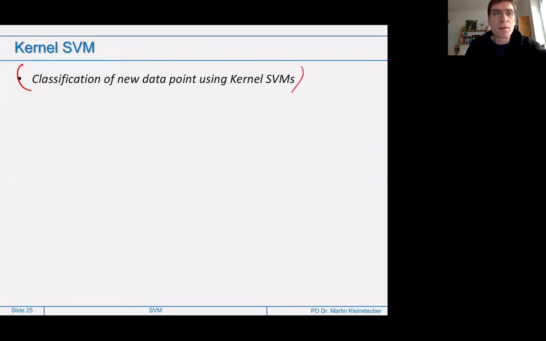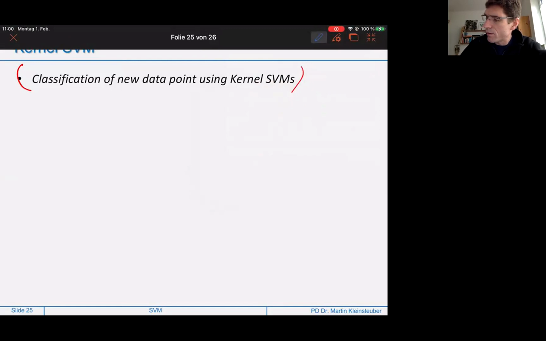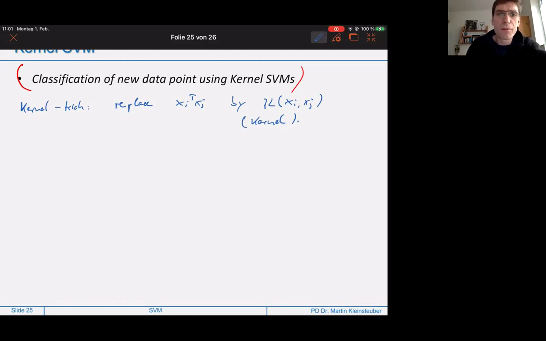With kernel support vector machines, we have this kernel trick, and the kernel trick tells us to replace xi transpose xj whenever it occurs by a kernel k(xi, xj). This is doable if we look at the dual problem.